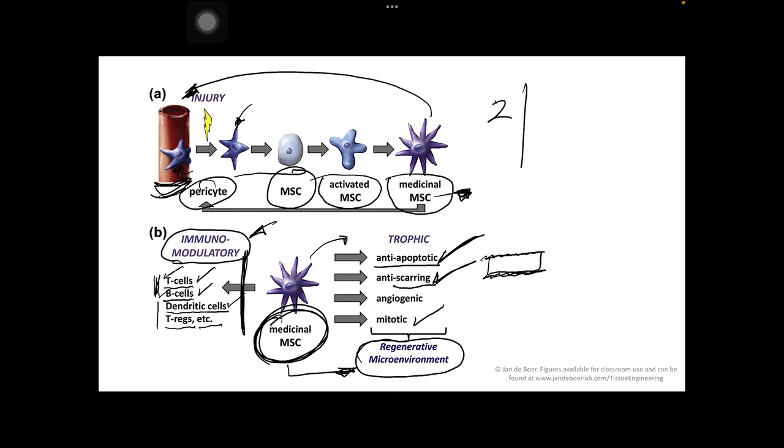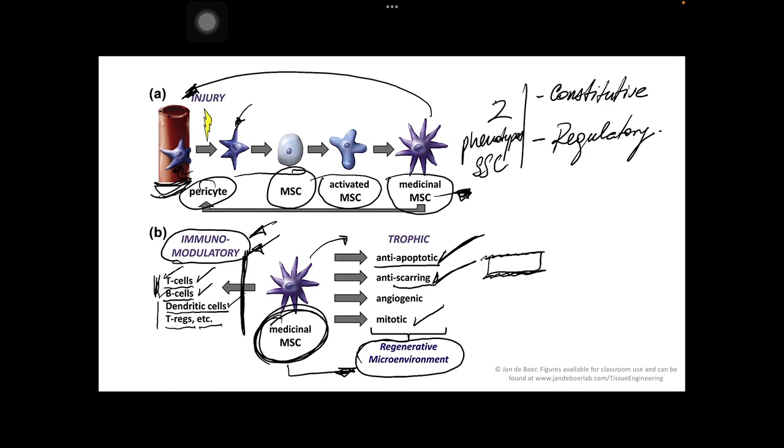So two types of phenotypes of our skeletal stem cells will be the constitutive phenotype and the regulatory phenotype. And this all depends on what the microenvironment is, what the demands are, and what the bone needs to do in order to regenerate or prime or help trigger immune responses.